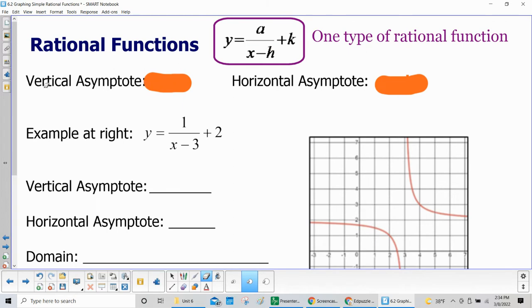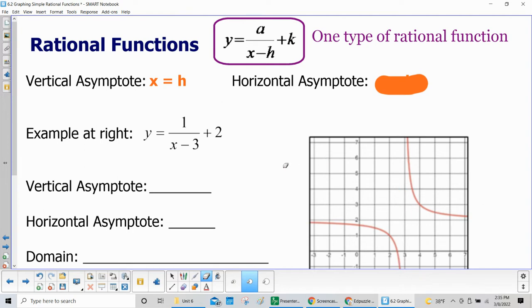Our first asymptote is called our vertical asymptote. That is the equation of a vertical line, and it comes from just x equals h. It comes from the denominator of the fraction. Because if the denominator was to become 0, then we would have this undefined vertical line. It would not work.